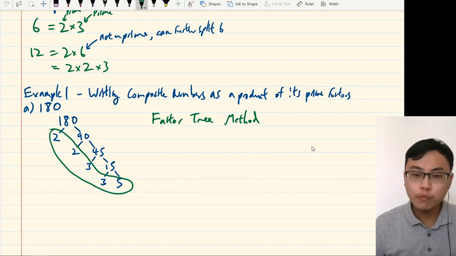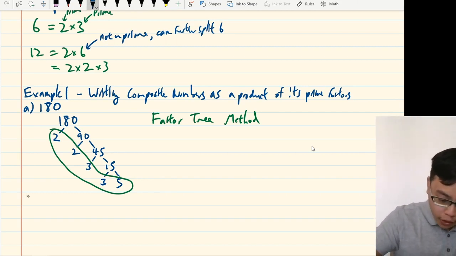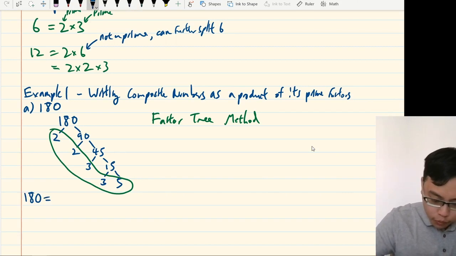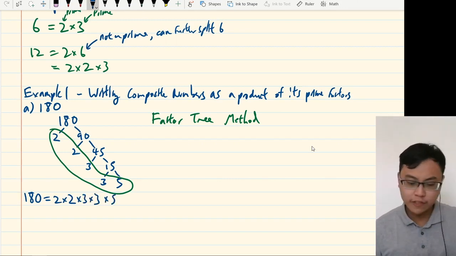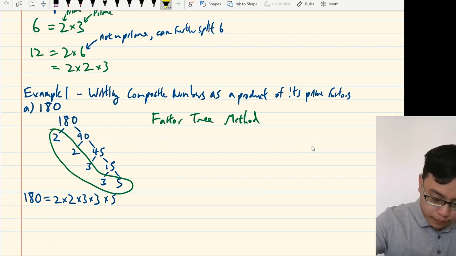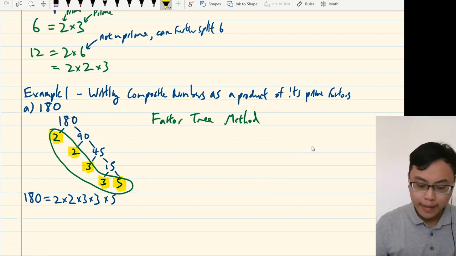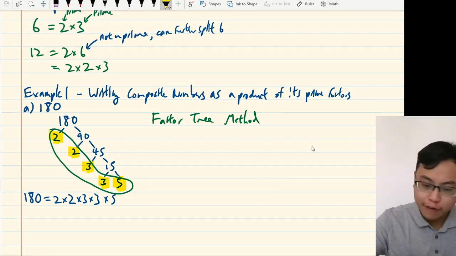So when we write out the number again, we write 180 is equal to, count the number of 2s, 2 times 2, and then times 3 times 3, and times 5 in the end. So this is how we write our composite number as a product of its prime factors.